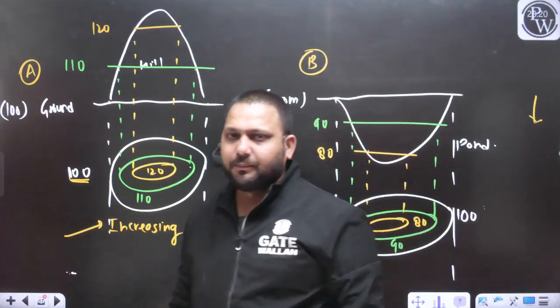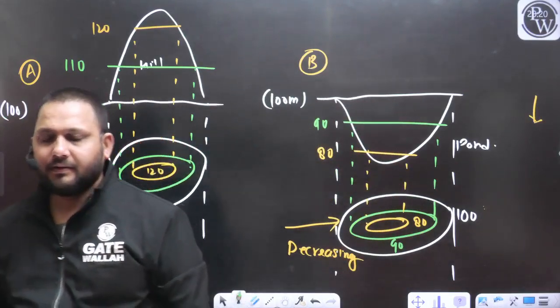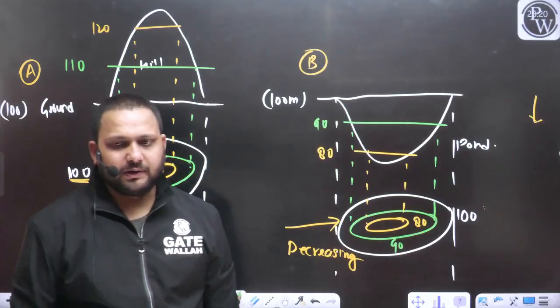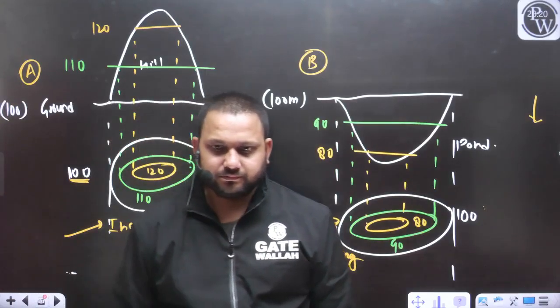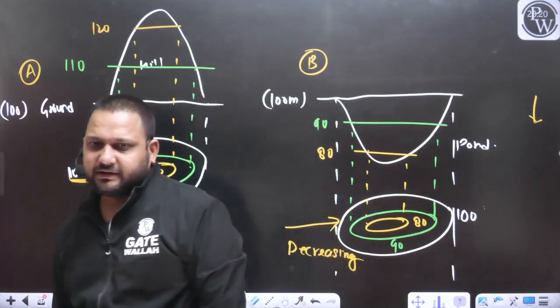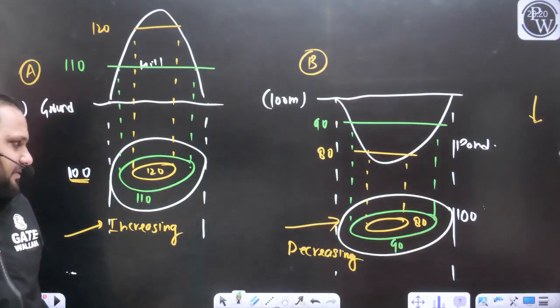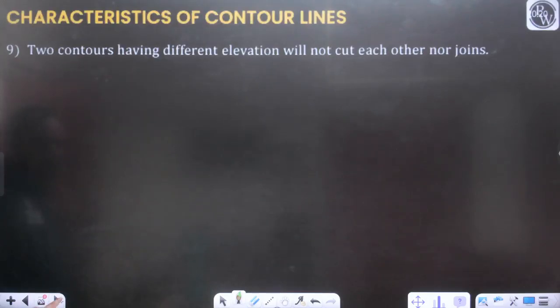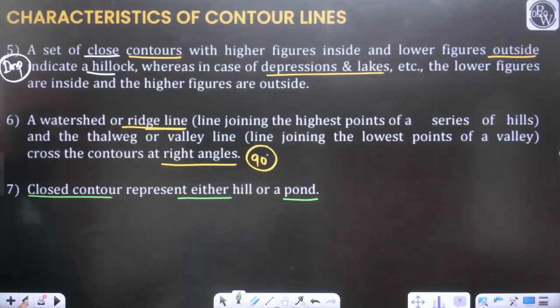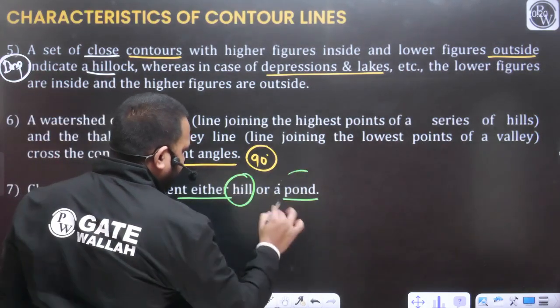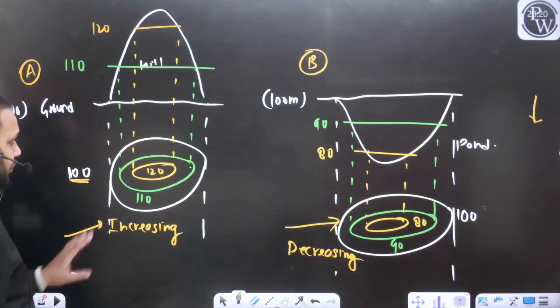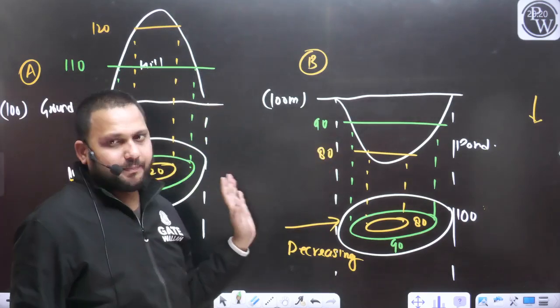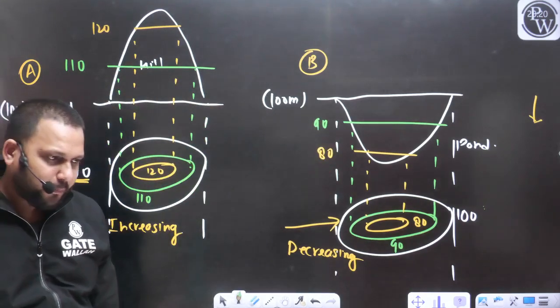Now I think you got the point. That characteristic we have already covered, that a closed space contour will represent either a hill or a pond.